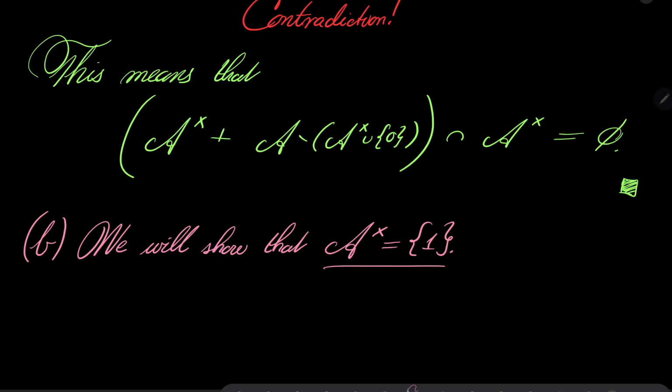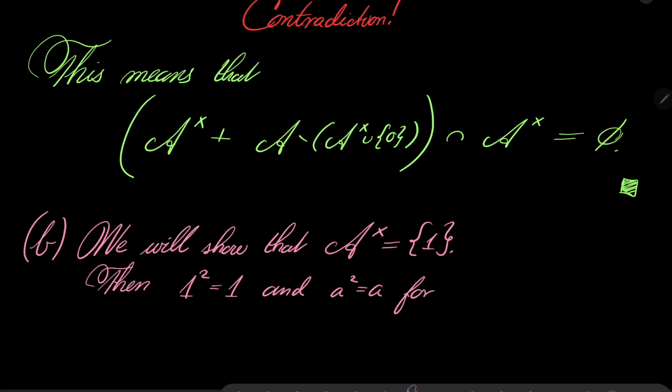If this is true, then every element which is not 1 is idempotent, of course, and 1 itself is also idempotent. Then 1 squared equals 1, of course, and A squared equals A for A not equal 1 by assumption, which will conclude the proof. But we have some work to do.